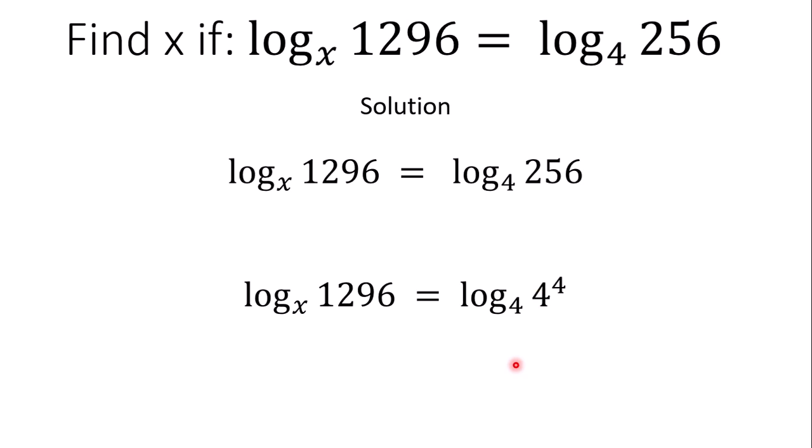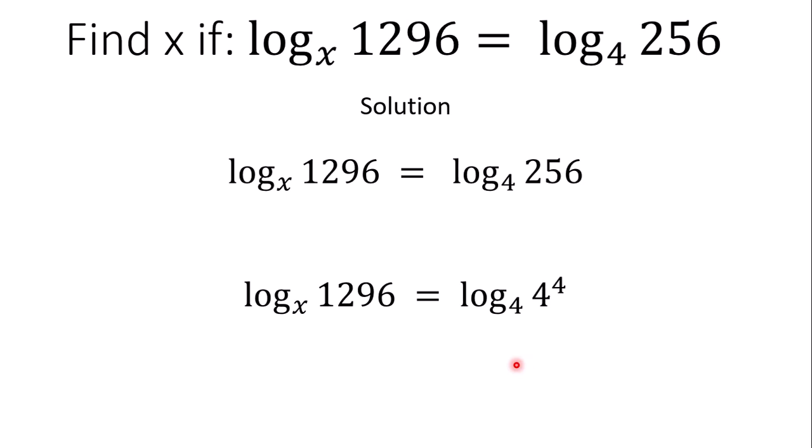Now, from the laws of logarithm, we have about 3 or 4 laws. One of them is the law of exponent. The law of exponent says that if you have log of a raised to the power b, it can be written as b log a.